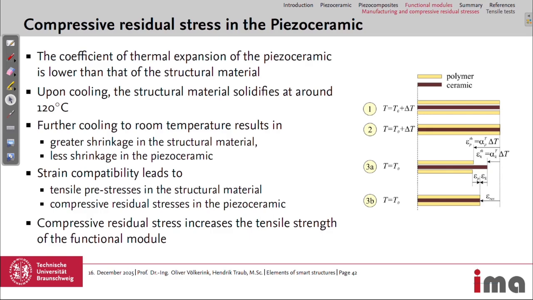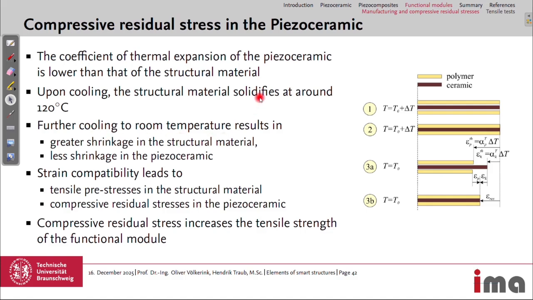Now we are coming to the compressive residual stresses in the piezoceramic. The coefficient of thermal expansion of the piezoceramic is lower than that of the structural material or of the polymer, and you have to heat up the whole part for curing, and then you have to cool it down afterwards to room temperature.